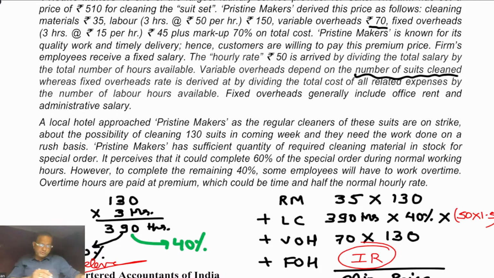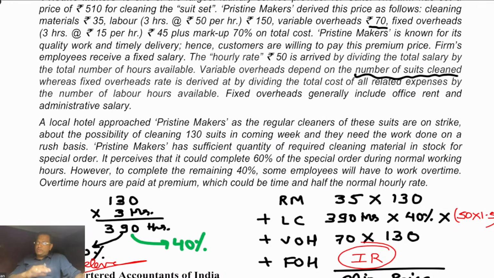Even in case of rush order, beta, जब भी rush order आता है, we can even charge premium, because the customer requests that we work overtime. So in that situation, customer is ready to pay us the premium price also.